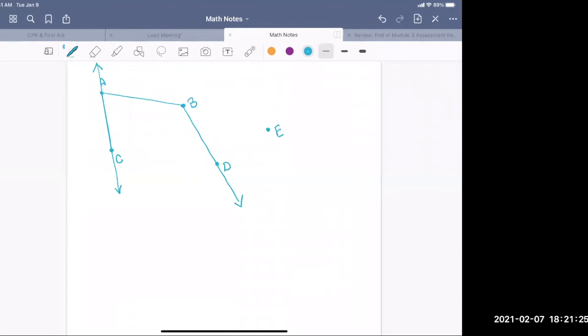And you want to draw a ray through point E. Mine goes through my letter E, which is fine. So now we have ray BE that we're going to note starting at point B, going towards our E.